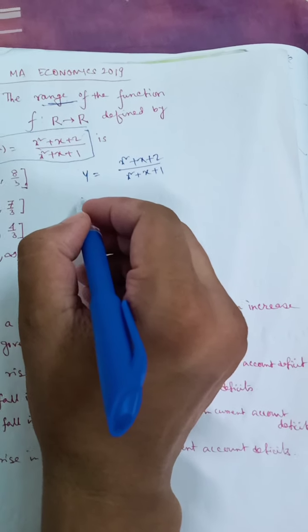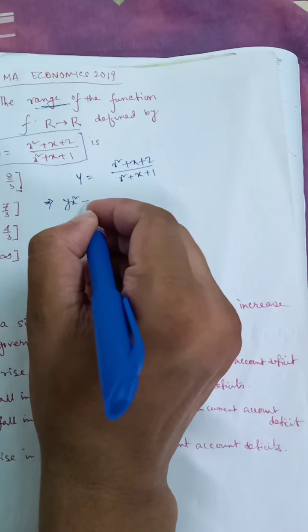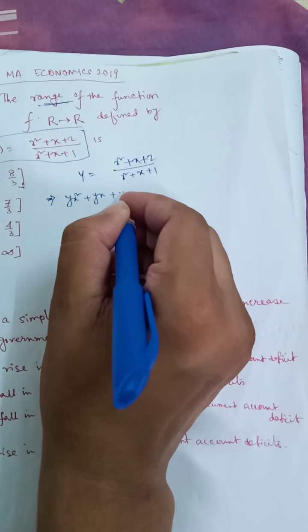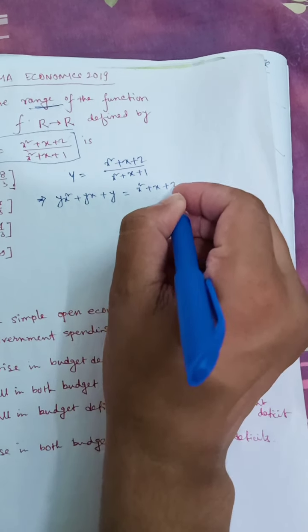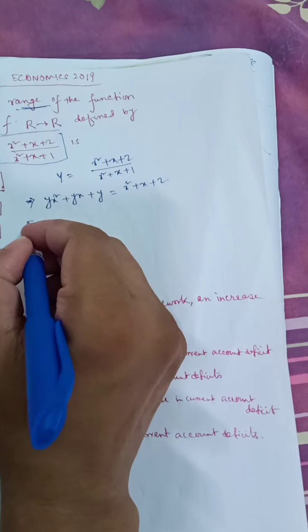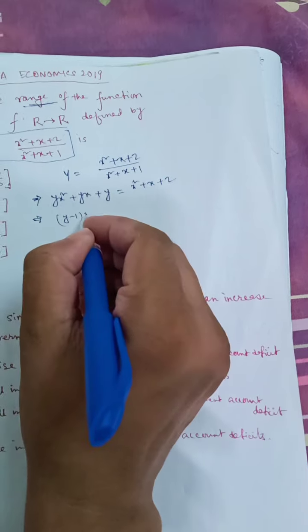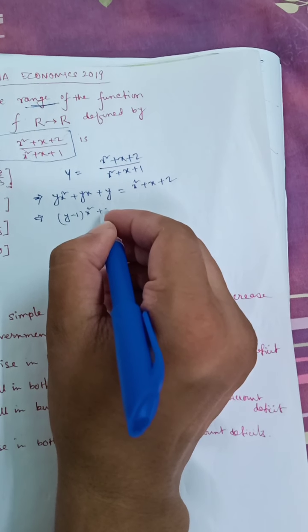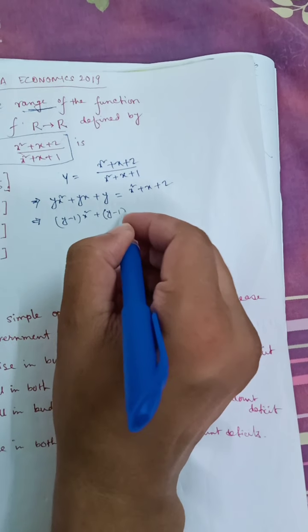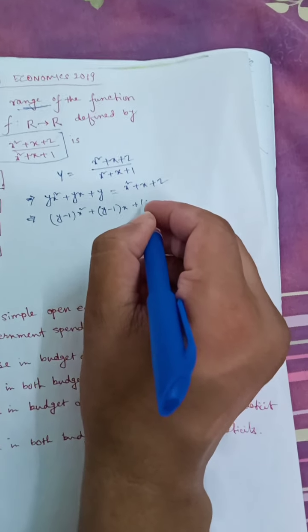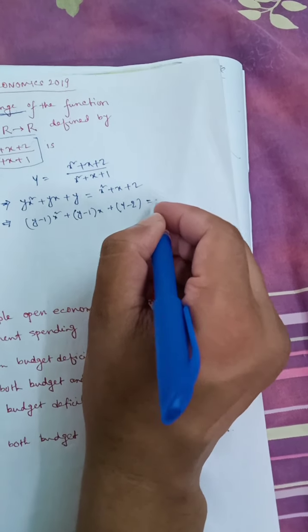If we cross multiply, yx² + yx + y = x² + x + 2. This implies (y − 1)x² + (y − 1)x + (y − 2) = 0.